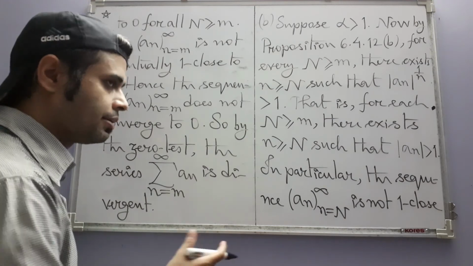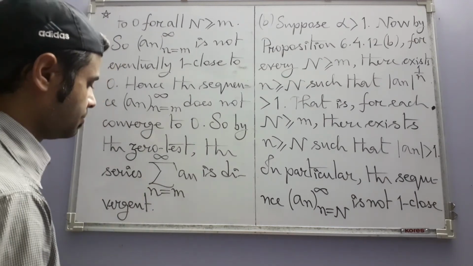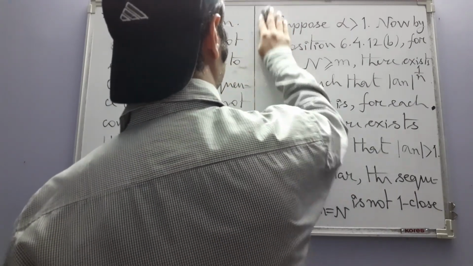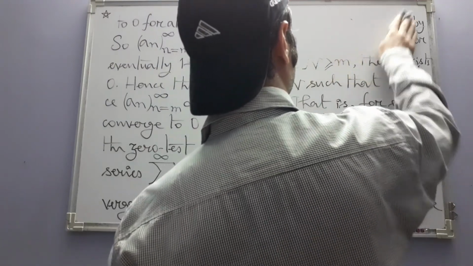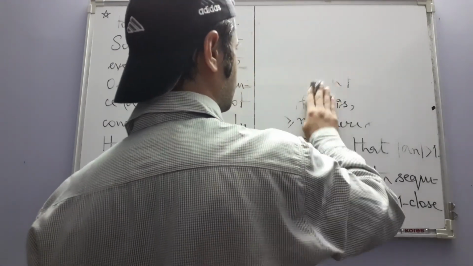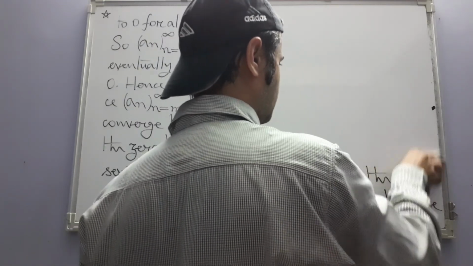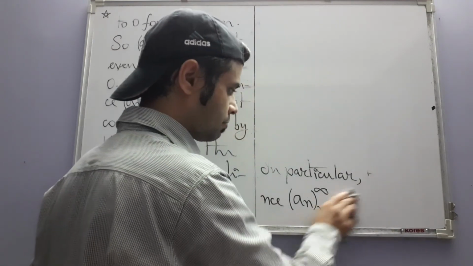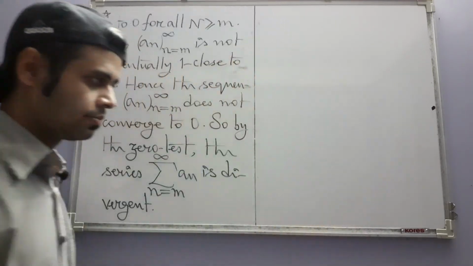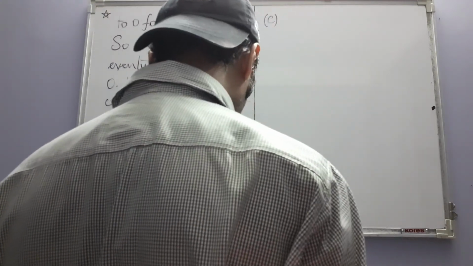Conditionally divergent and divergent mean the same thing, and because of which it cannot be absolutely convergent, because otherwise it would have to be convergent, and that is just your part B. And part C is not provided by the author, we have to do it.